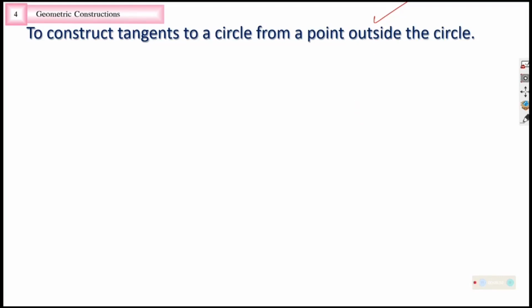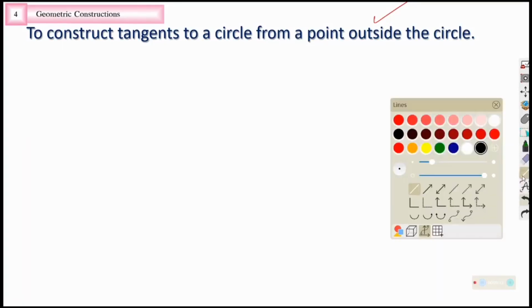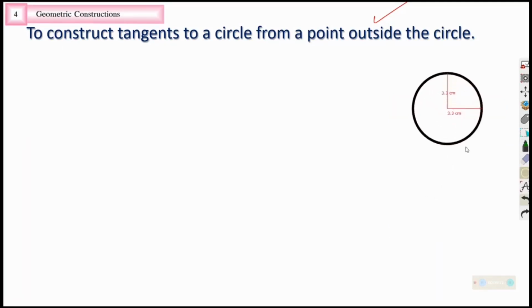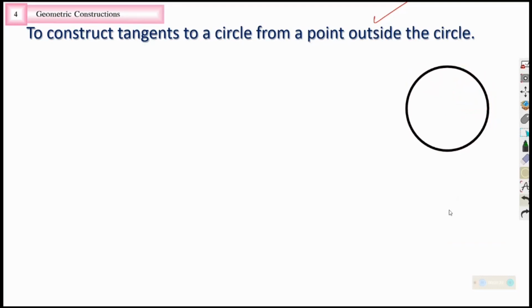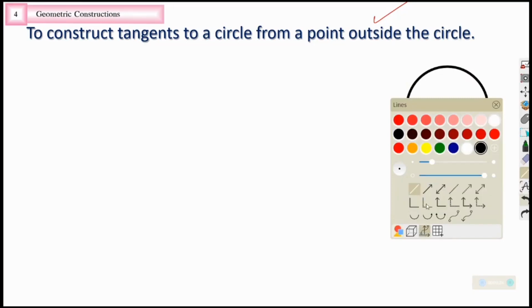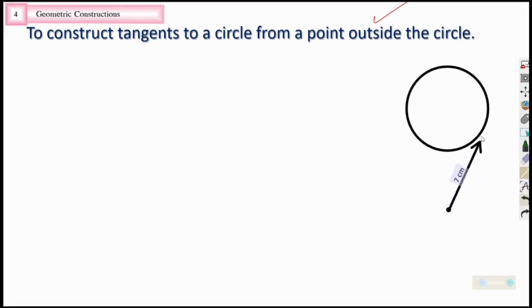The principle used is, we know that if there is a circle like this, and if there is a point like this, two tangents can be drawn from that point to the circle, and the length of this tangent, from the point of contact of tangent to this point, will be equal. That means the tangents are congruent.